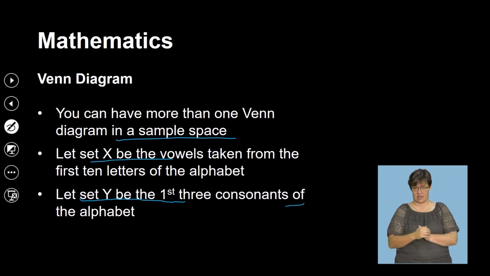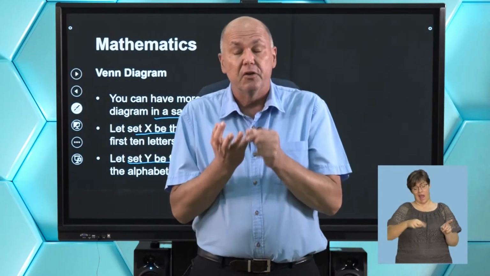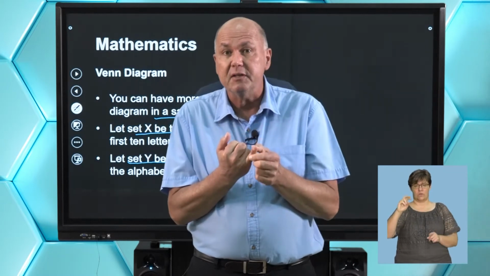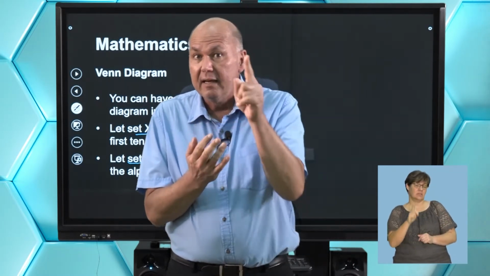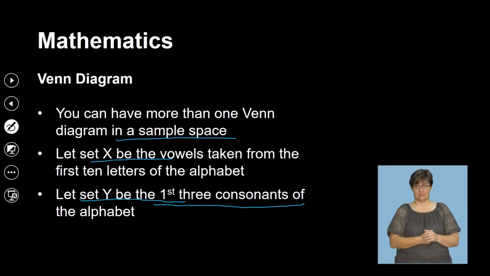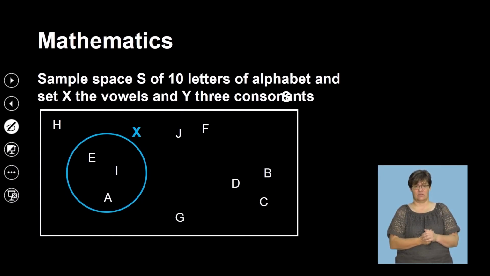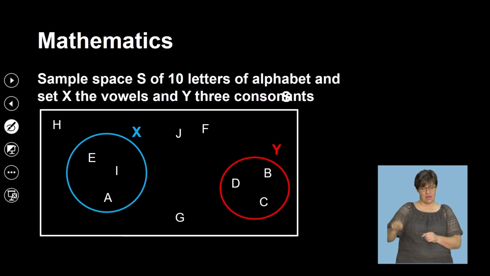And it's going to be the first 3 consonants of the alphabet. Do you remember what the consonants are? Those things that aren't vowels. So the first 3 consonants would be B, C, and D. Let's see if I've got it right in my diagram, on the Venn diagram. So there's the Venn diagram, and there we go.